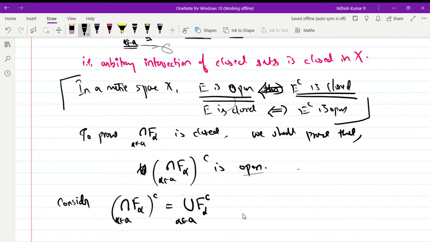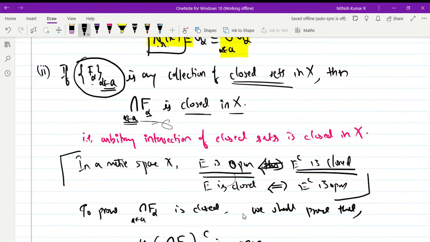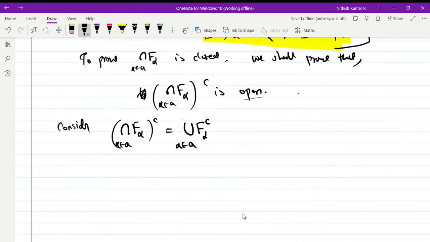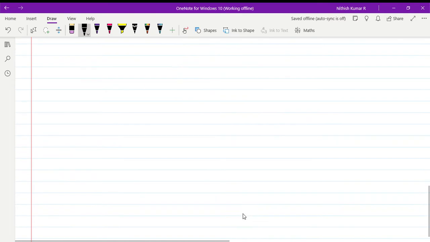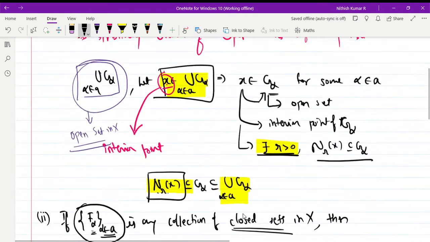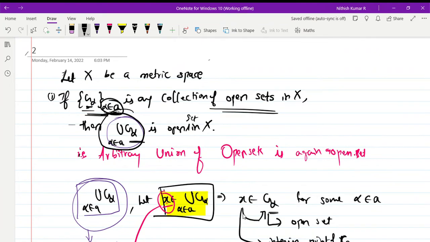Now observe each F alpha is a closed set. By this property, E is closed implies E complement is open. This implies this is an arbitrary union of open sets. From the previous result, we have that an arbitrary union of open sets is open.